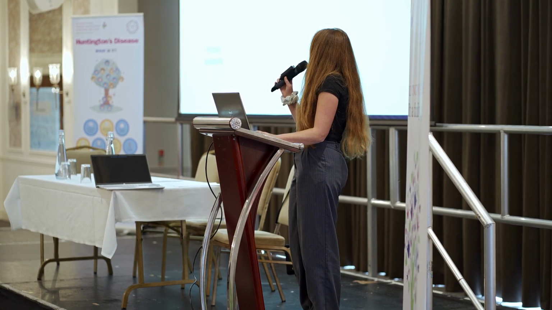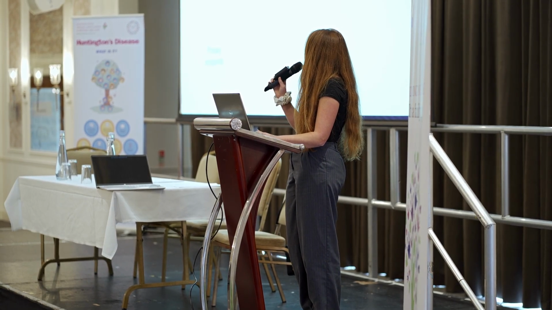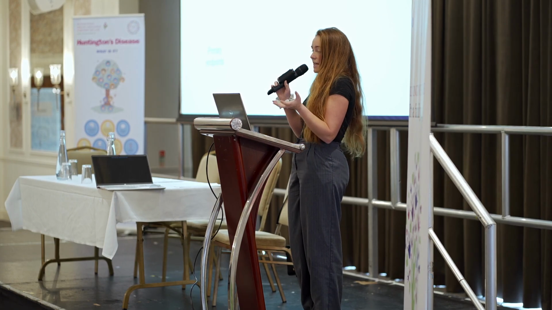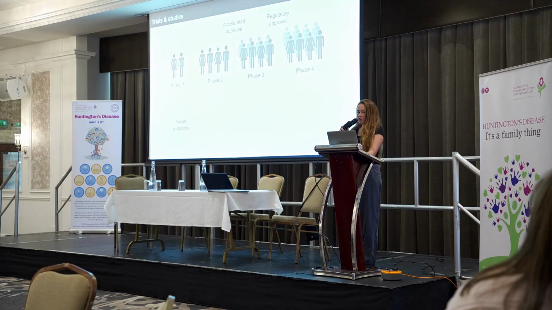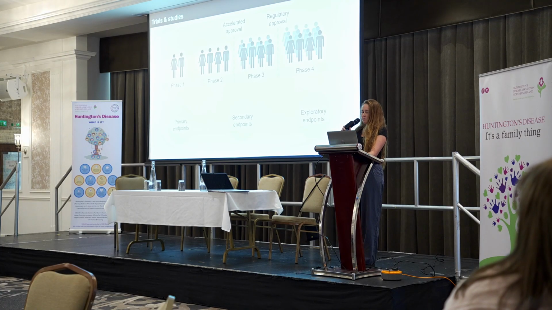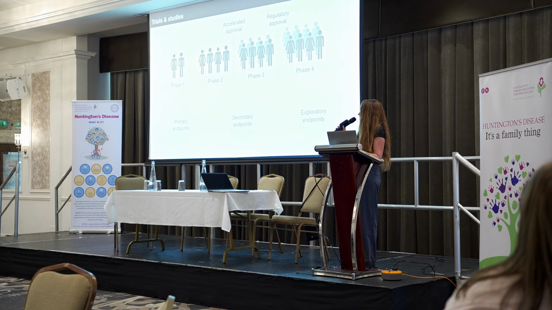In order for a trial to be a success, you need to measure something. We measure 3 different things: primary endpoints, secondary endpoints, and exploratory endpoints. Primary endpoints are the main determinant of whether a trial will be a success or not. If it meets its primary endpoint, it means that it was a successful trial. Secondary endpoints are not quite so important, but they're really interesting.